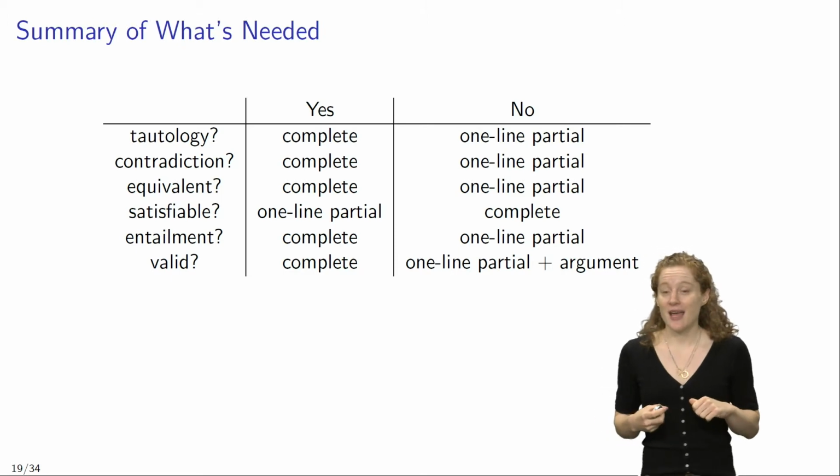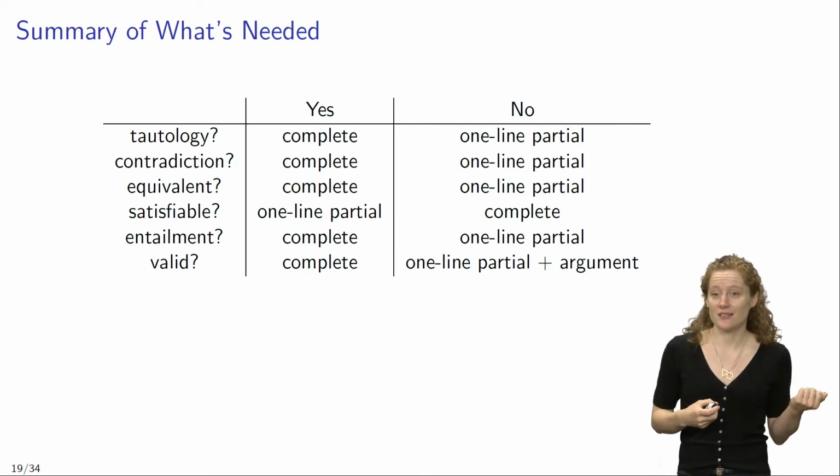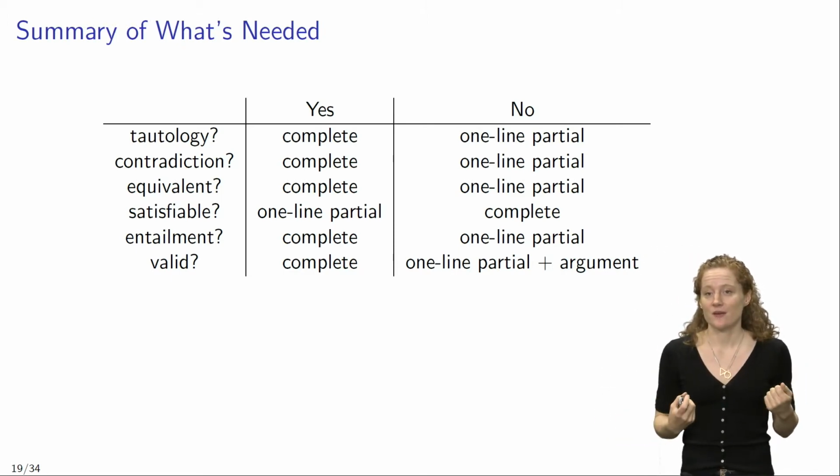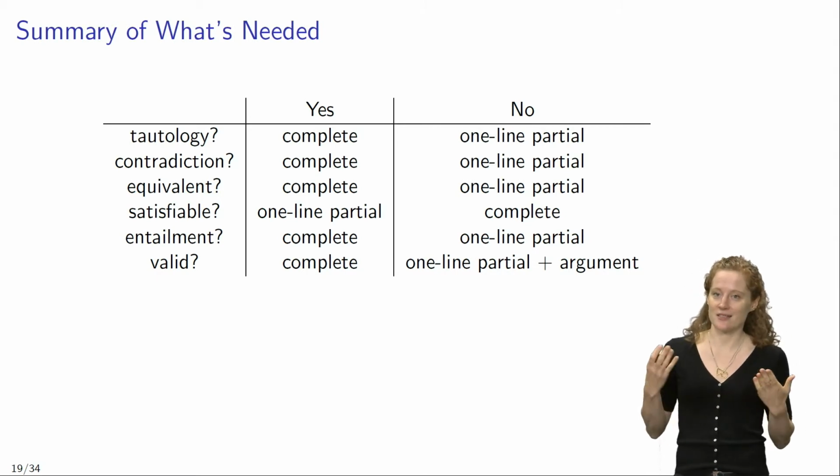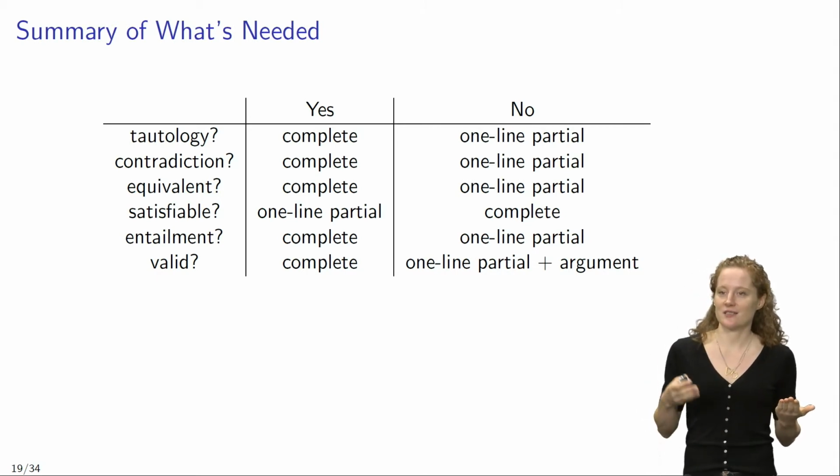Now, we saw that every tautologically valid argument is also valid, and so to show that an argument is valid, you can construct a complete truth table which establishes that it is tautologically valid and therefore valid.